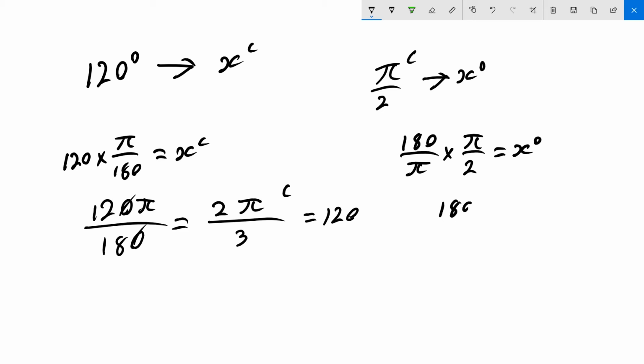So you get 180 pi over 2 pi. The pi's cancel out, half of 180 is 90 degrees.